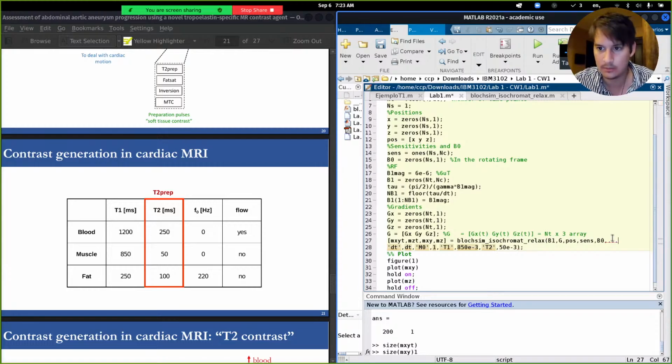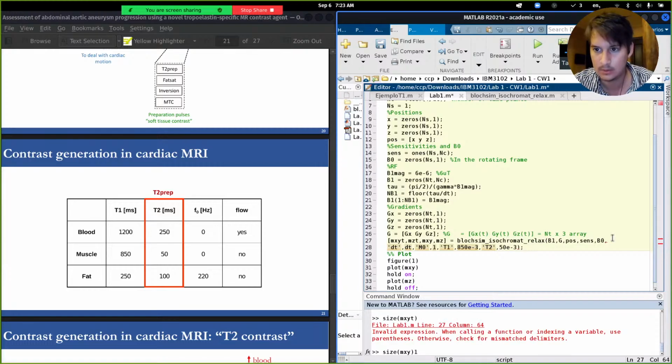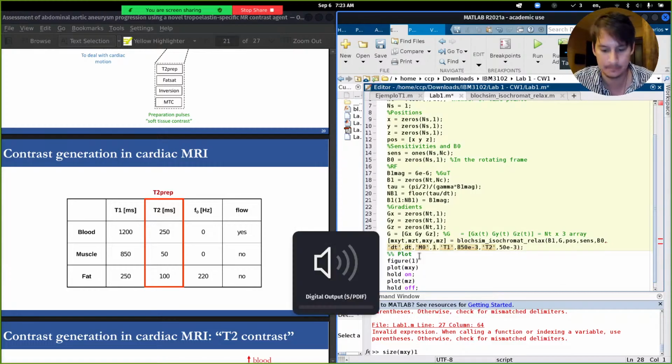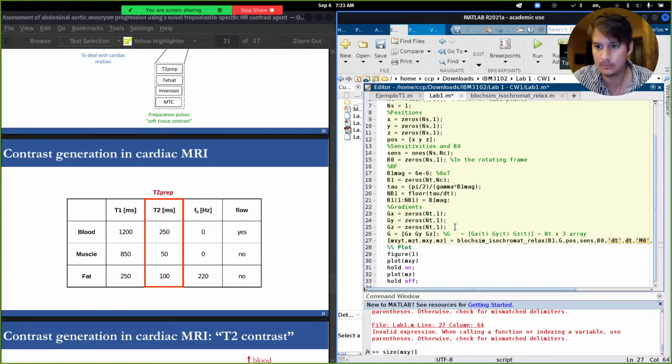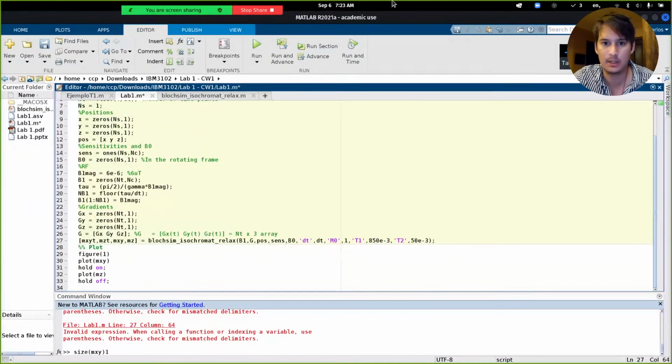And I forgot to put this. I'm not sure if it's working or not, but let's see. Because we are defining the parameter dt of this function, and they are called the same. I defined dt, so this one is that.